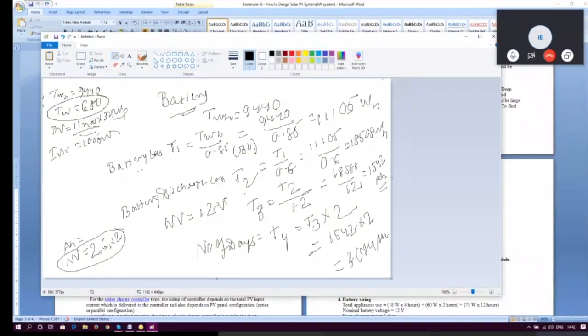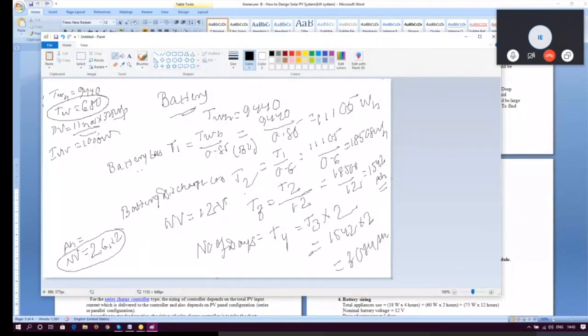After that, we divide by the nominal voltage of the battery we plan to select. In this case, we have selected 12, so we divide by 12. That gives us the ampere hour requirement per day for the system. If we need multiple backup days, we just multiply the number of backup days with that factor. That will give us the total ampere hour capacity of battery required.